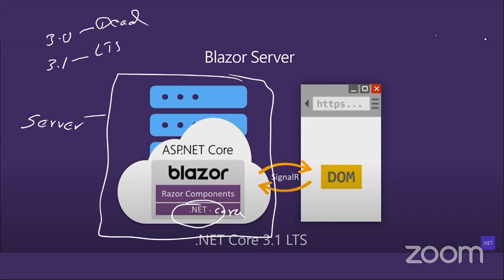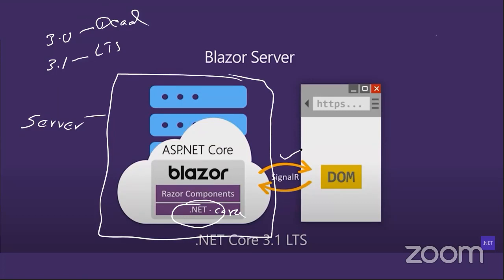The point here is that whenever you are working with Blazor, you should know what SignalR is. If you are aware of SignalR, that's great. Otherwise, I will just give you a point about the SignalR concept. Let me explain how it happens. Generally, Blazor Server applications run the components on the server on top of .NET Core, and then set up a real-time connection with the browser, typically over a WebSocket using SignalR.